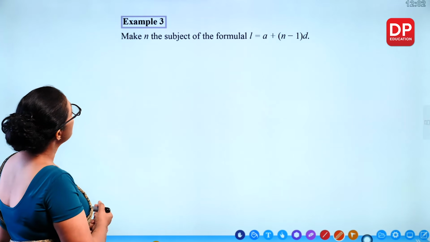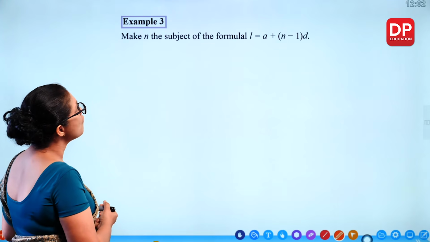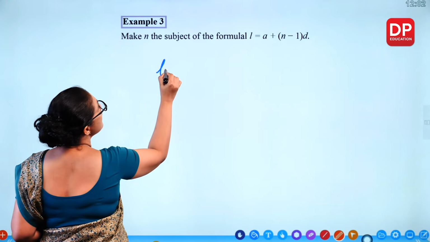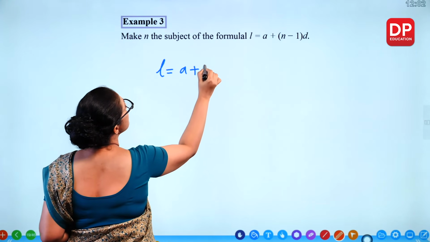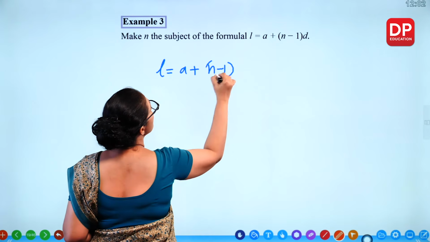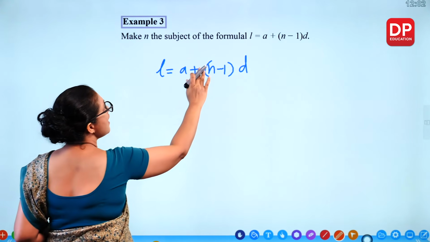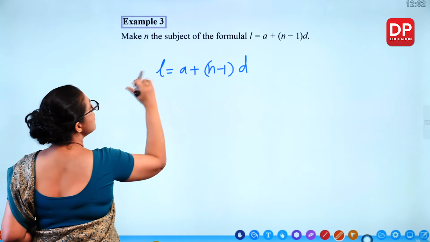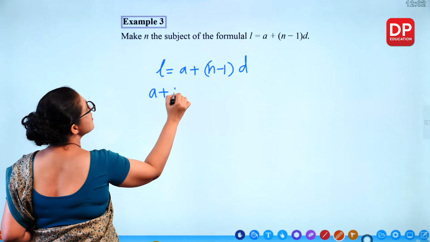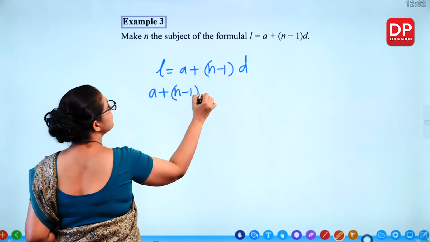Example number 3. Make N the subject of the formula. L equals A plus N minus 1 times D. Now you need N. N is here. So that means we'll rewrite this in this way.